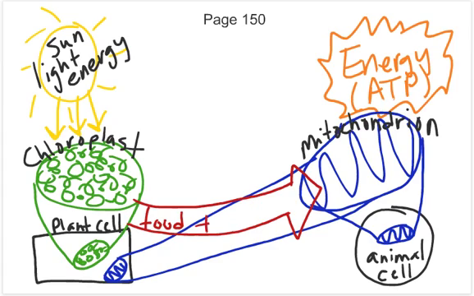So we've got food plus oxygen goes in with the mitochondria, and then the other one I'm going to use the same color. I'm going to use the purple that they use.